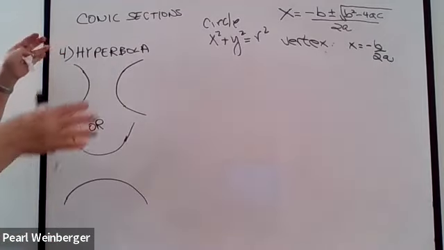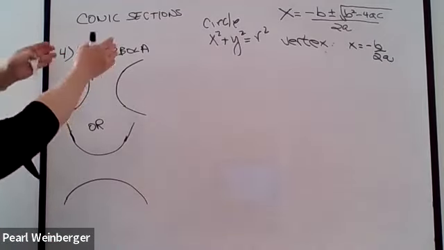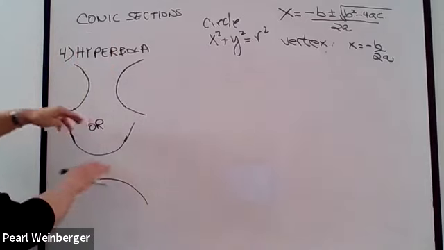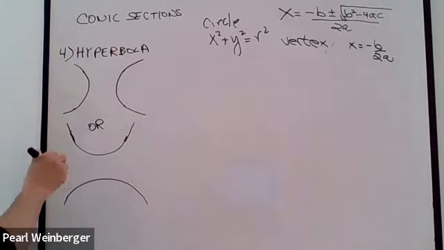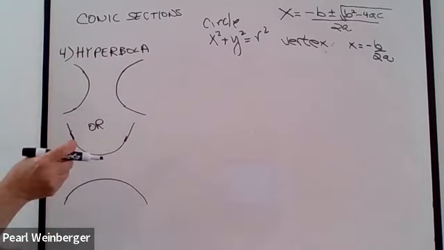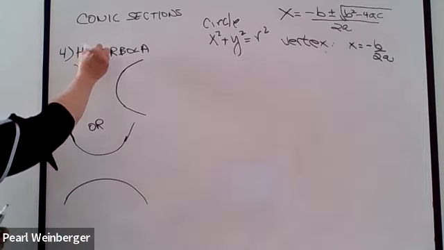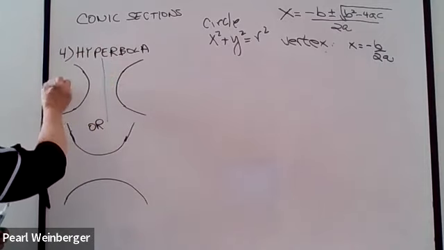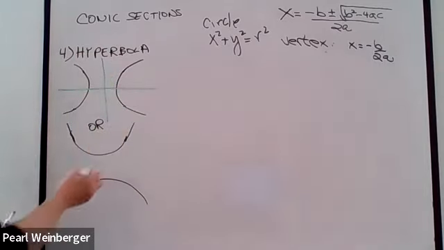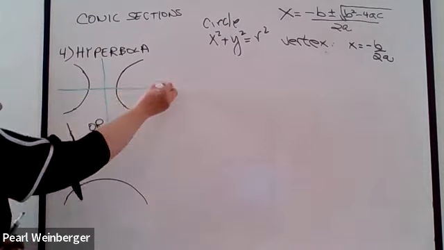Okay, so you can have what I'll call a vertical hyperbola, or you can have a horizontal hyperbola. Usually we're going to be talking about only those that are centered at the origin, with the x and y axes going through.